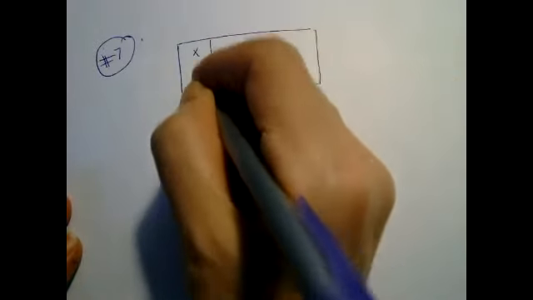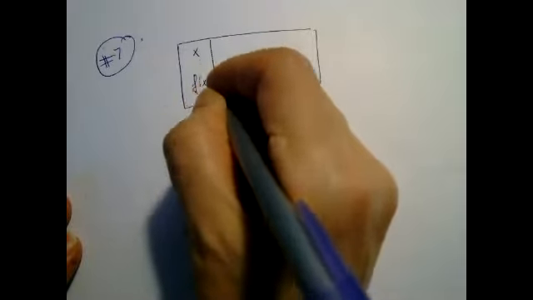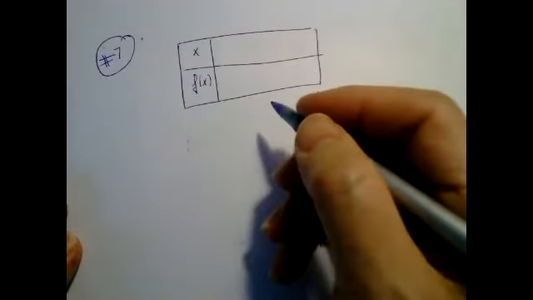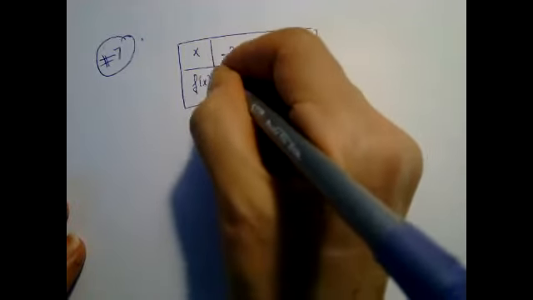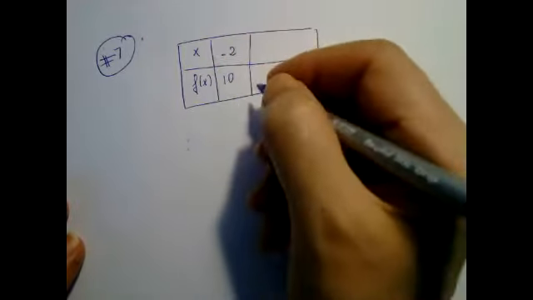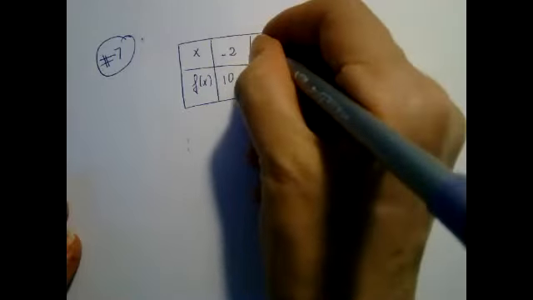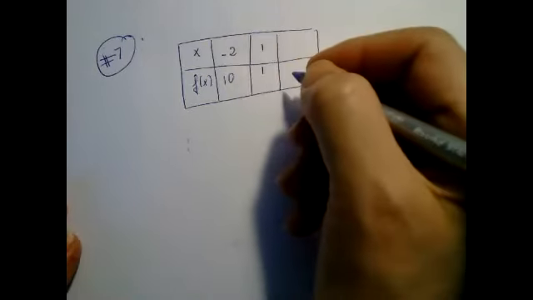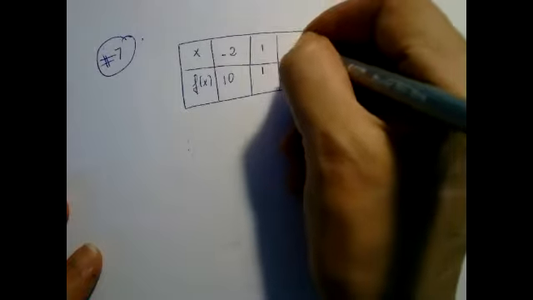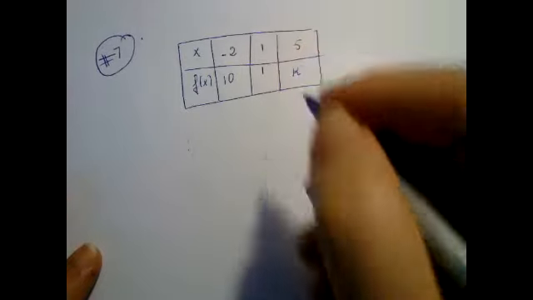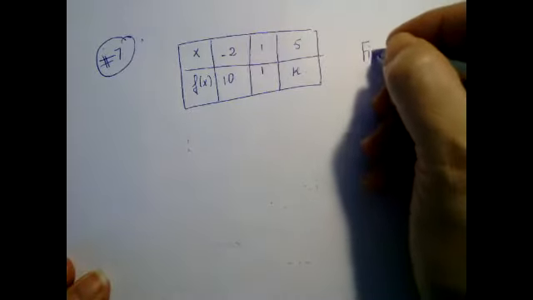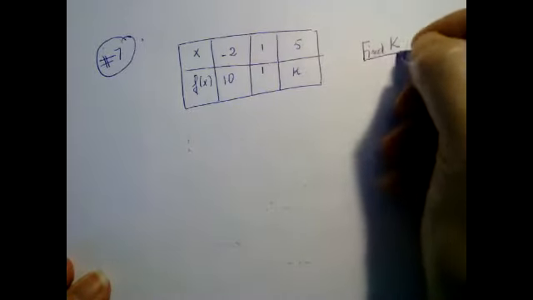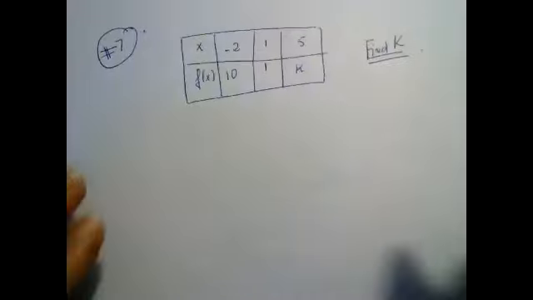That's the setup in the book. And they give me a bunch of values. So they tell me that at -2, you get a 10. And at 1, you get a 1. And at 5, k, any value k. And their question is, they want us to find k.